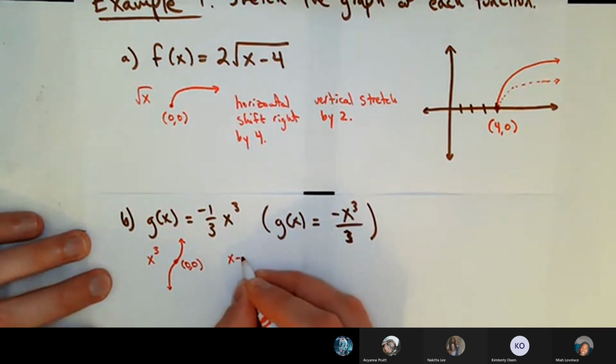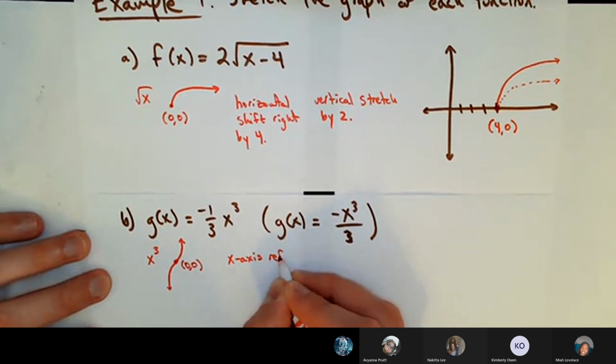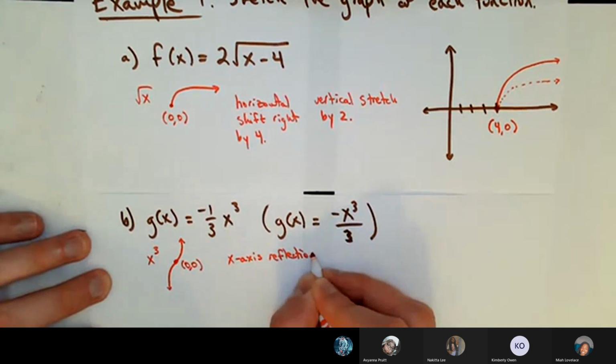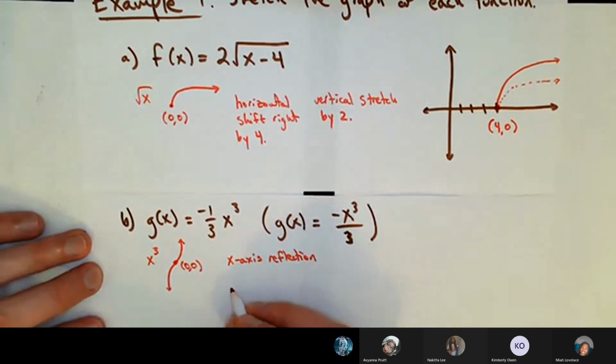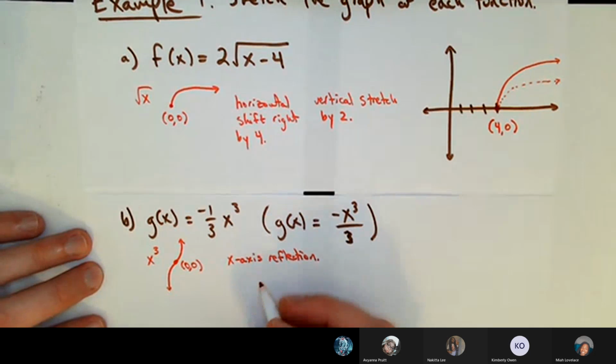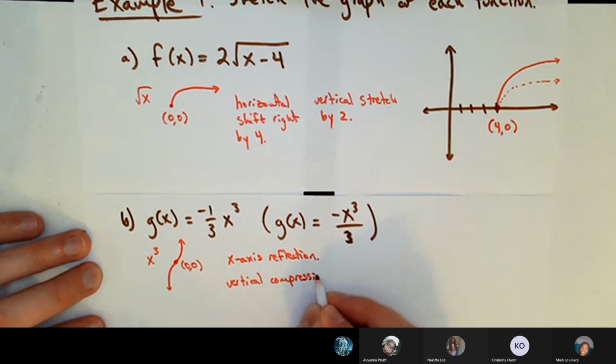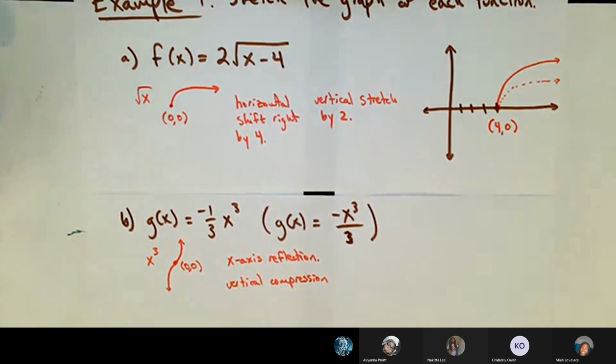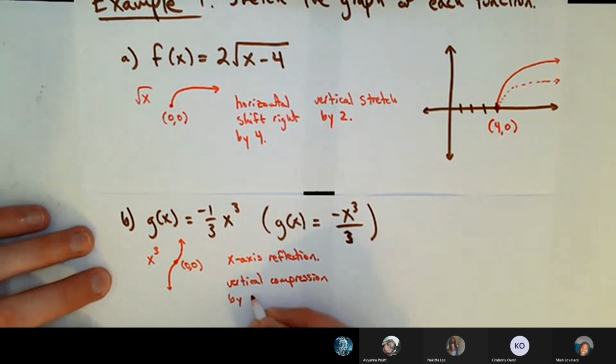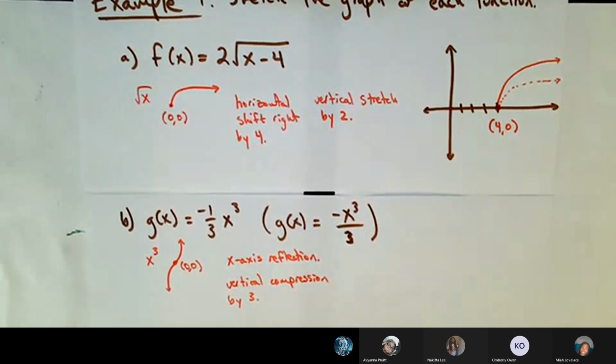So I have an x-axis reflection, because it's on the outside. Recall from Friday's lecture, x-axis reflection, because of the negative sign on the outside of the x cubed thing. And I also have a vertical compression. Now, how do I say this? A vertical compression, but the most appropriate way to say it is by 3, because I'm dividing the function by 3.